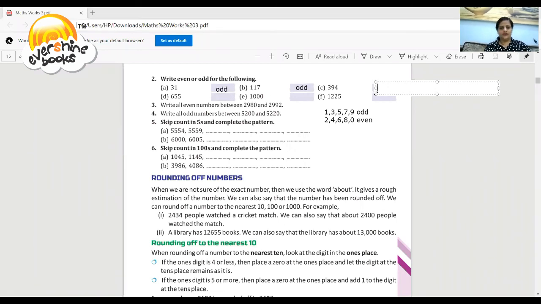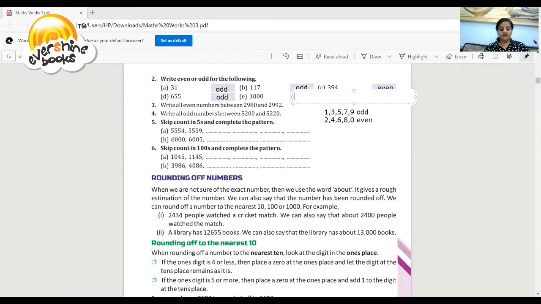We will not see 3, we will not see 9, we will just see 4, that is an even number. So just write even. And 655 is an odd number because at one's place there is 5.